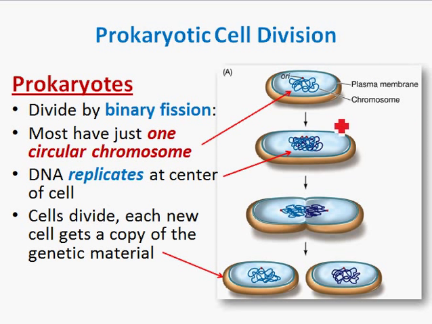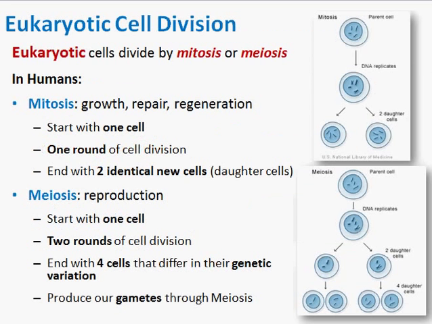And it replicates from its origin of replication and makes a copy of that single chromosome. That chromosome is then divided or segregated into two opposite sides. And then the end result, after cytokinesis, we have two new daughter cells that are identical copies of the original one. Okay, identical copies.